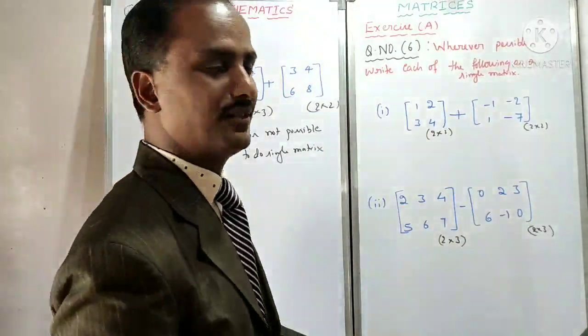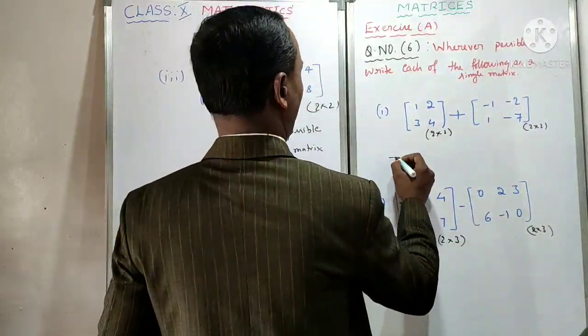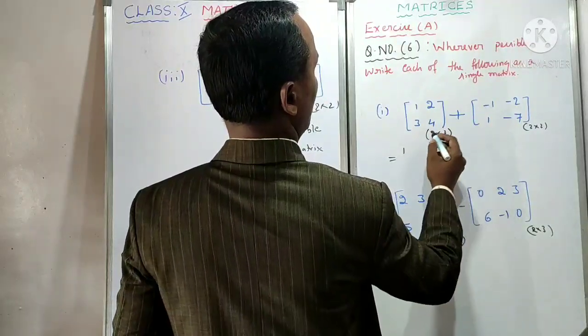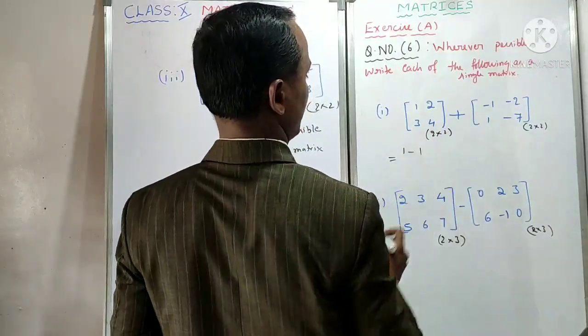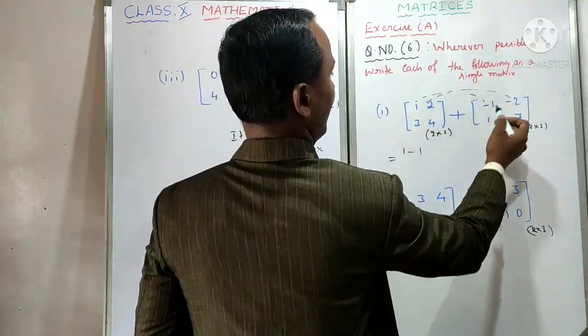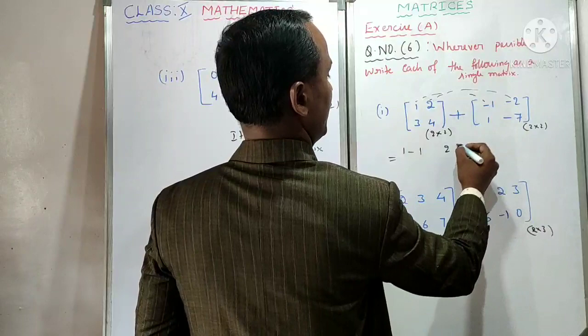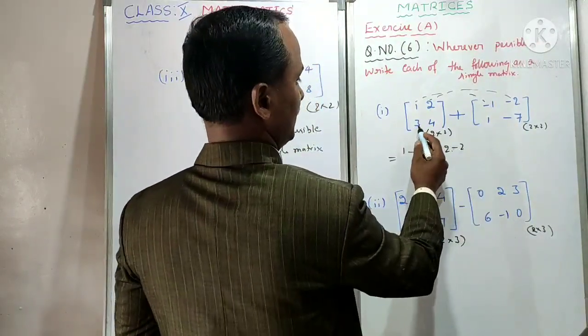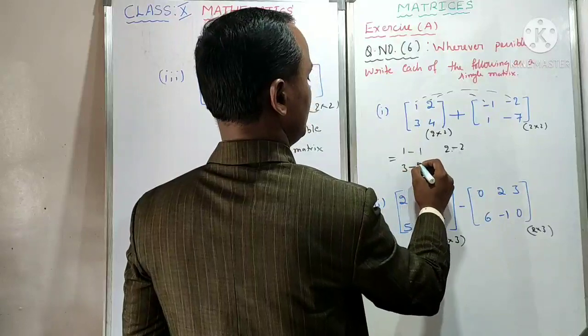But these 2 are possible. How to do? Shall I show? I will write the direct step. 1 plus of minus 1, plus of plus into minus minus 1. See, respective elements. Next, 2 respective to 2 plus of minus plus into minus. Minus will come here, minus 2. Next 3 plus 1.